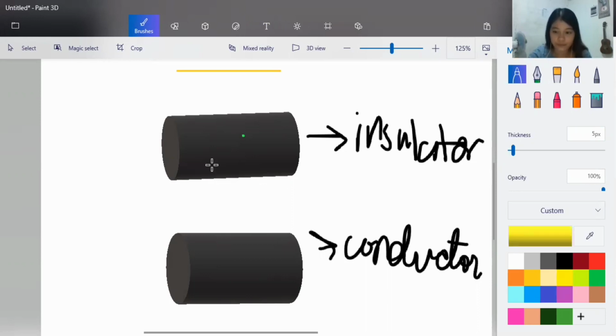For example, this conducting rod and these all have the positively charged nucleus and negatively charged electrons.